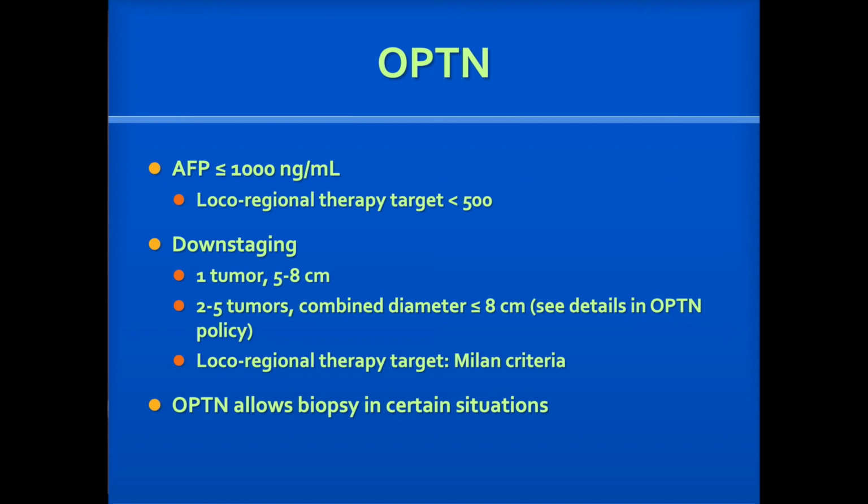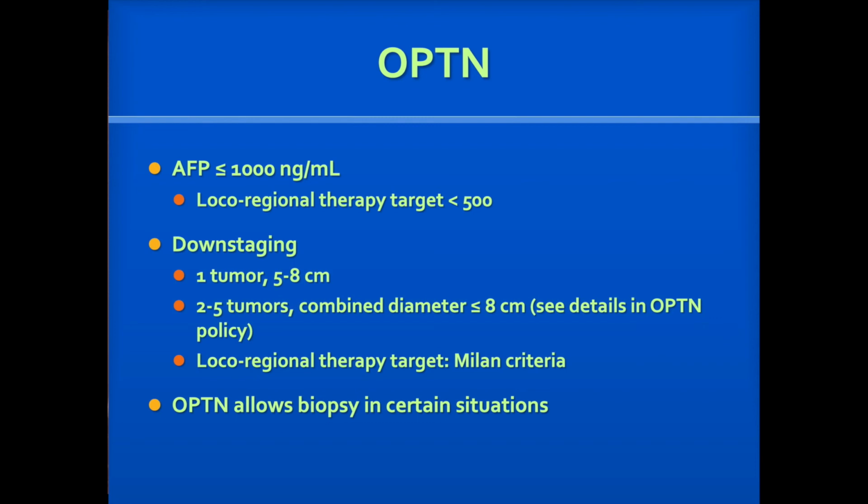Milan criteria are a single tumor 2 to 5 centimeters in size, or 2 to 3 tumors that are between 1 and 3 centimeters in size. But increasingly, UCSF criteria or more liberal criteria are allowed if the patient can be downstaged back to within Milan criteria.